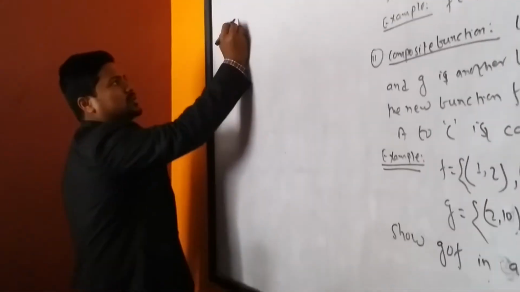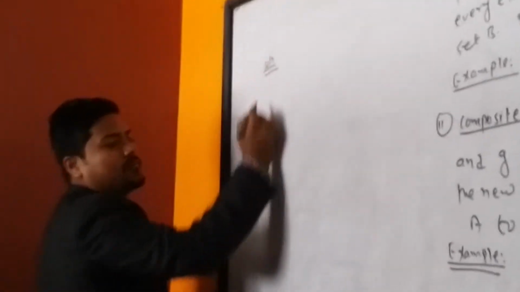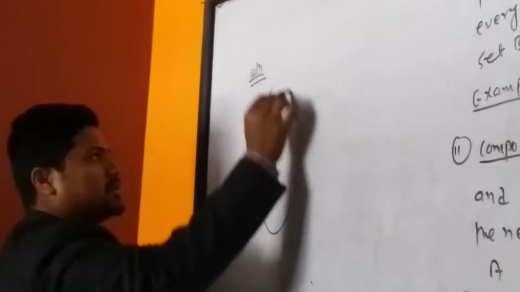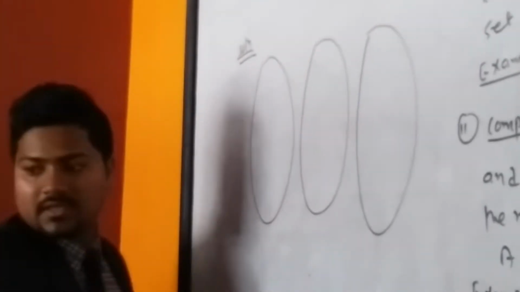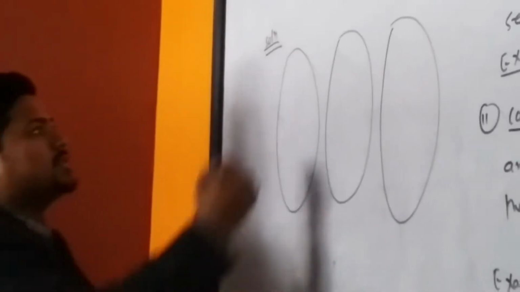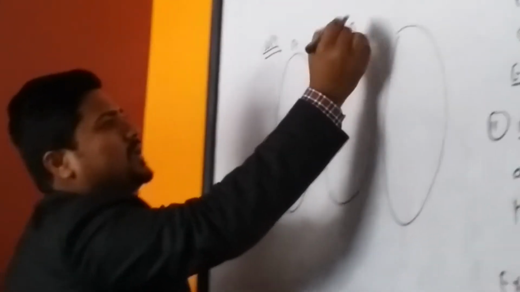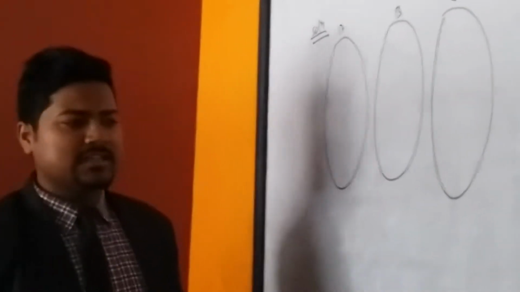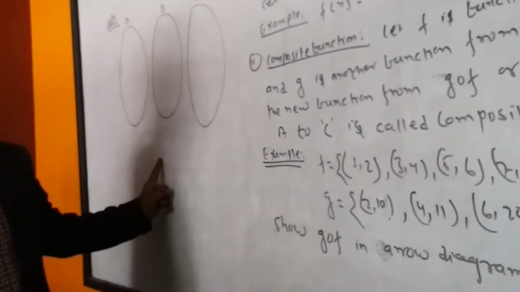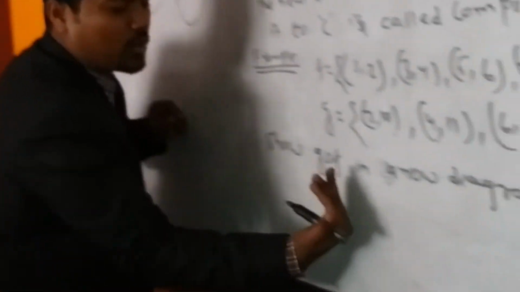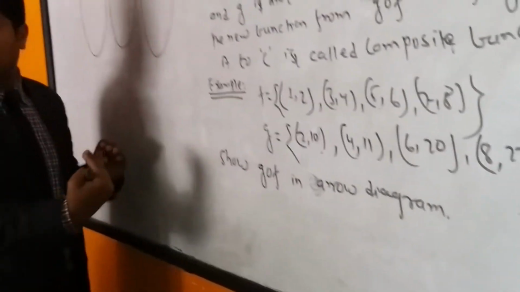For the solution, to show this in an arrow diagram, first of all we have to make three sets: 1, 2, 3, which you can say are A, B, C. Now the question is asking to show gof on an arrow diagram. It means you always have to go from right hand side to left hand side.